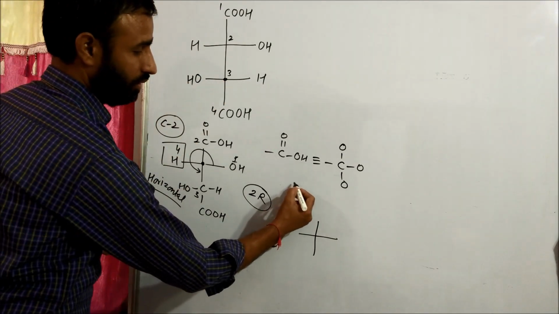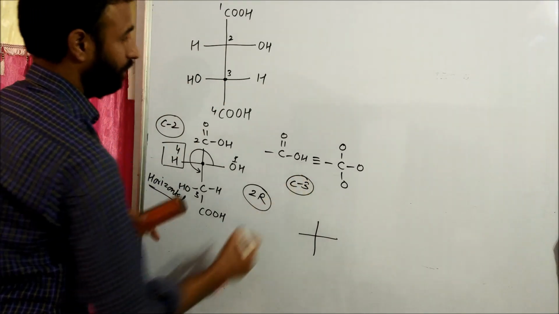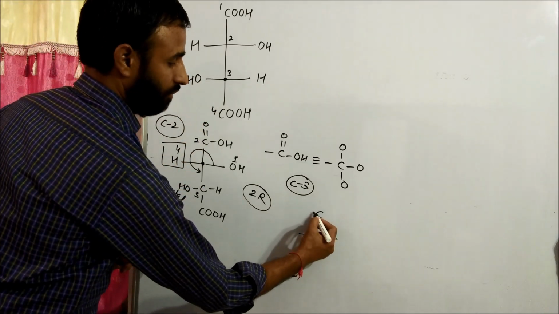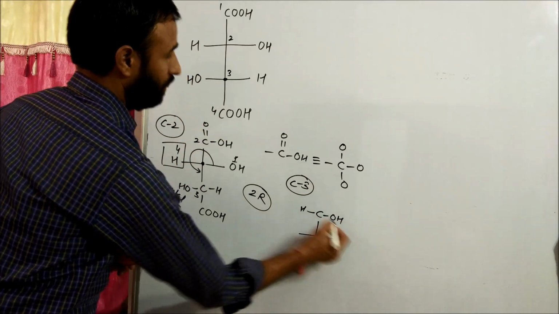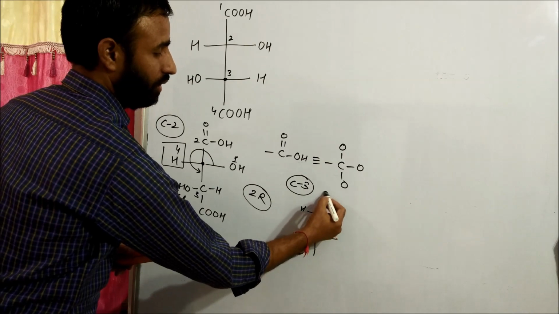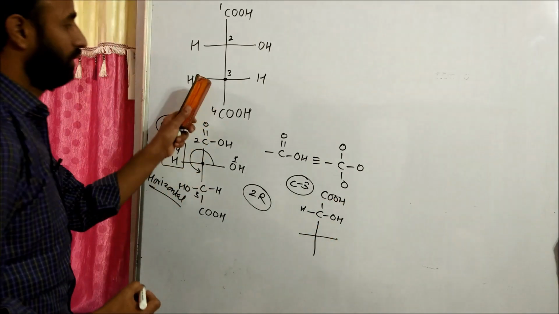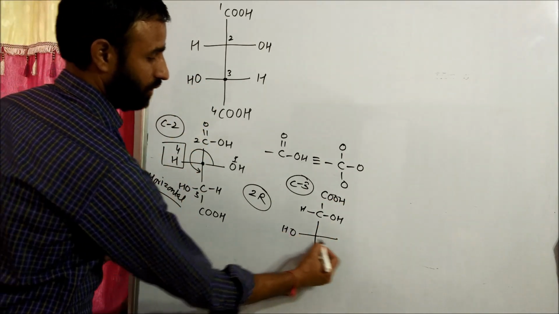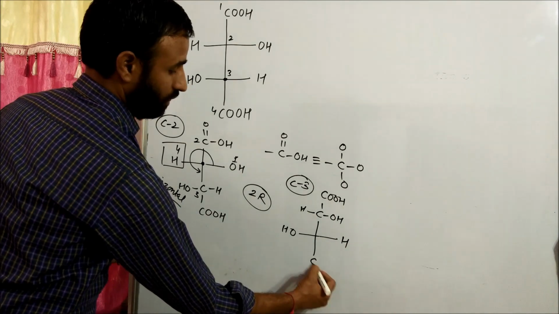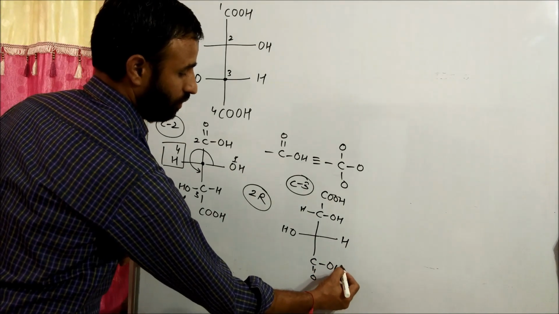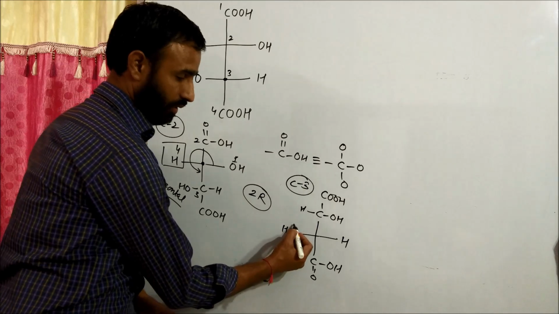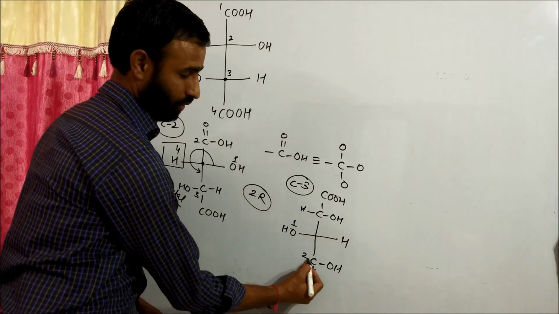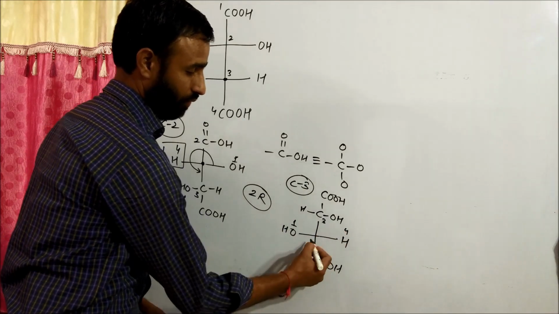At the third, at C3, above it is C, H, OH, COH, OH, H, C double bond O, OH. Again numbering 1, 2, 3 and 4.